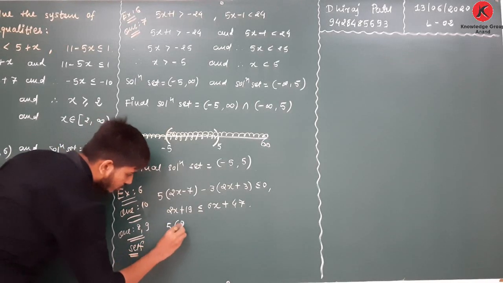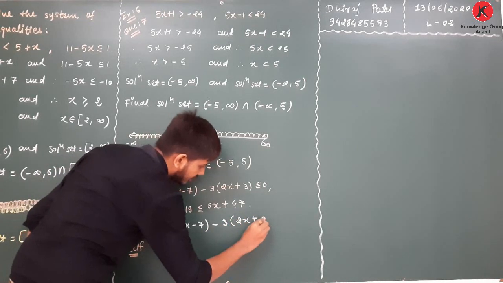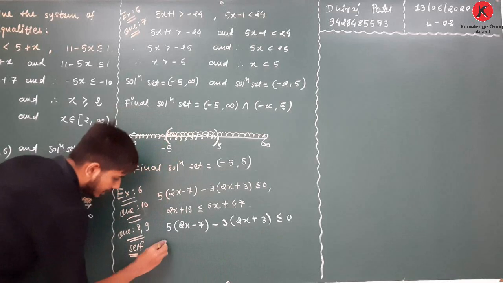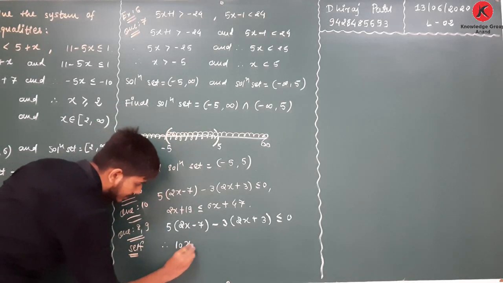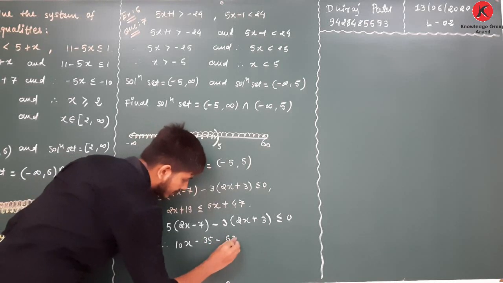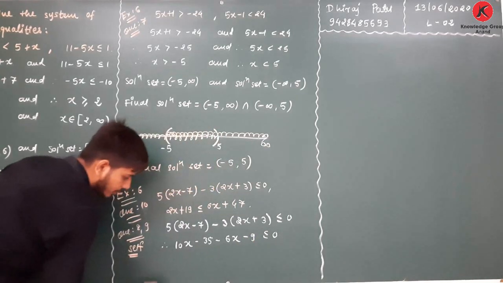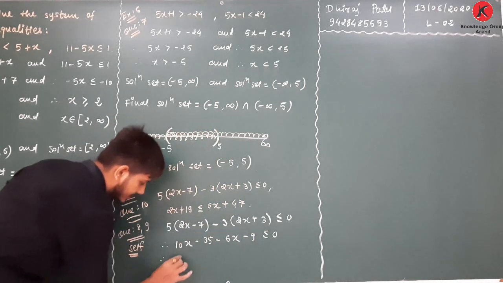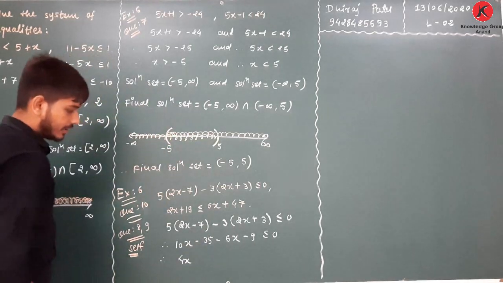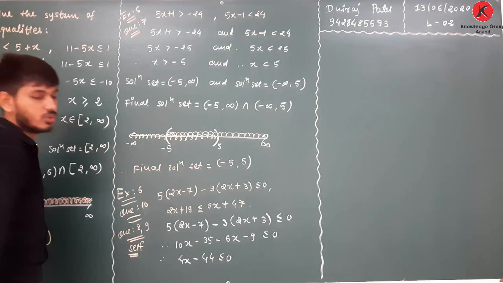5 into (2x minus 7) minus 3 into (2x plus 3) less than or equal to 0. Simplify this one, we are getting 5 2s are 10x, minus 7 5s are 35, minus 3 2s are 6x, minus 9, less than or equal to 0. 10x minus 6x is 4x, minus 35 minus 9 is minus 44, less than or equal to 0.